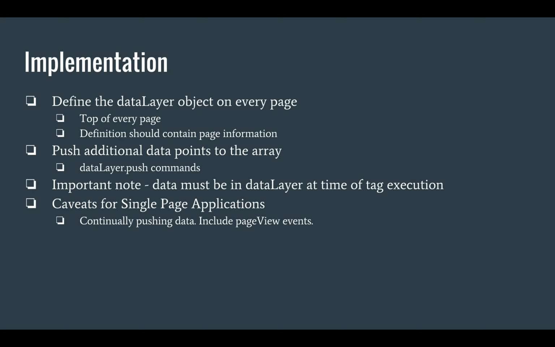Throughout different events or different interactions with the page, or as other data points become available, what you're able to then do is just push those additional data points to the array, which are dataLayer.push commands, when those different actions happen. So to think about how this works, essentially you define your data layer first, which is the creation of that toolbox, and it's empty, it just has the basics.